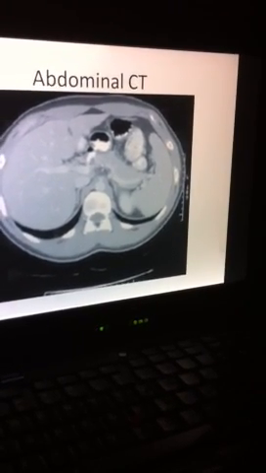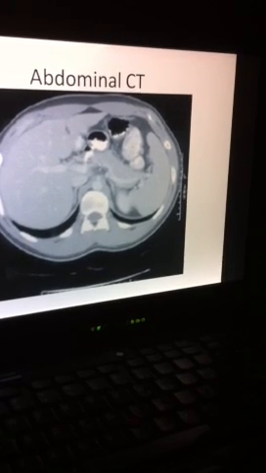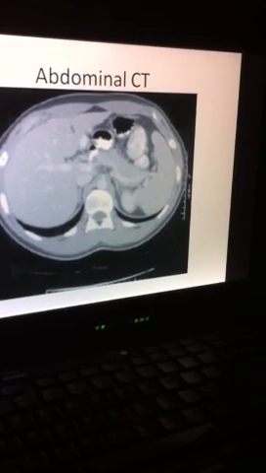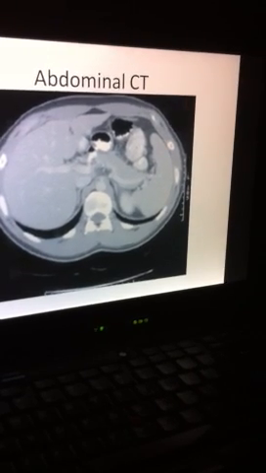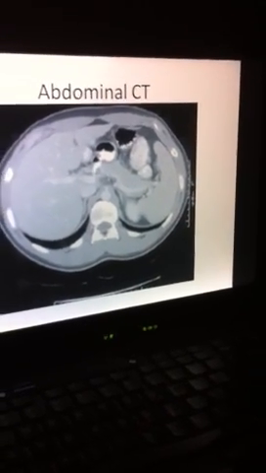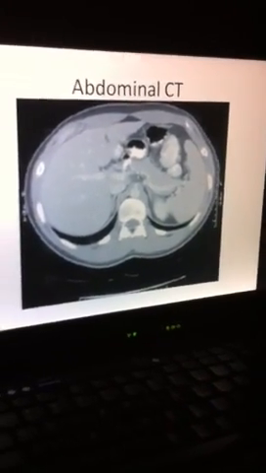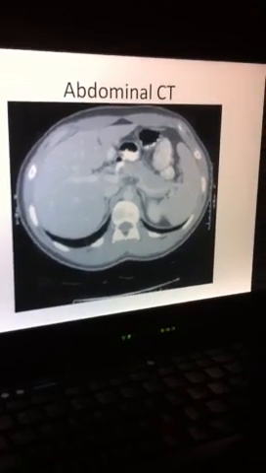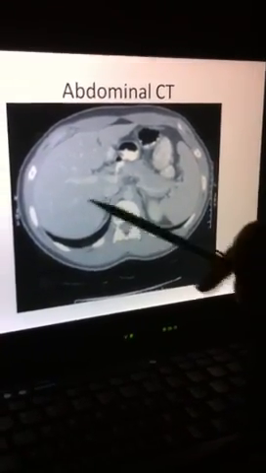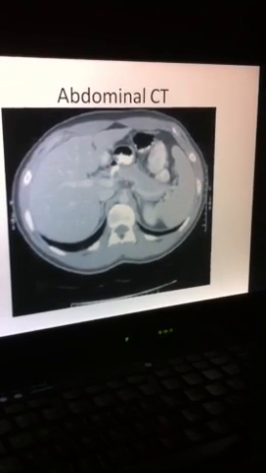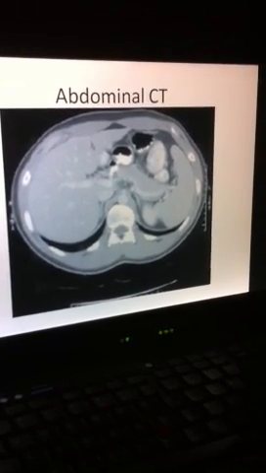Which is what? It's filled with contrast. Kidney? No, we're too high for the kidneys, because don't forget, this is a huge chunk of liver, so we have to be higher up by the liver.